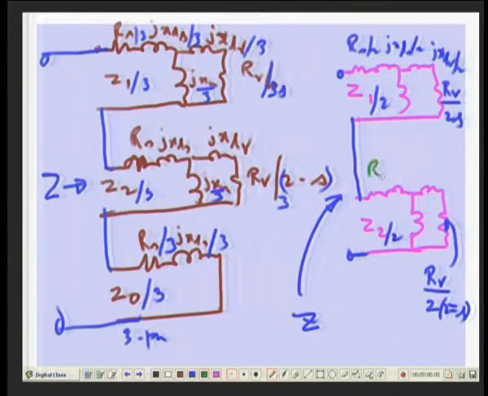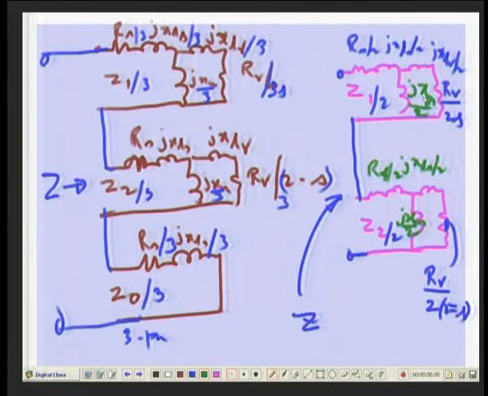So, you have RS, JXLS by 2, JXM by 2, agreed.